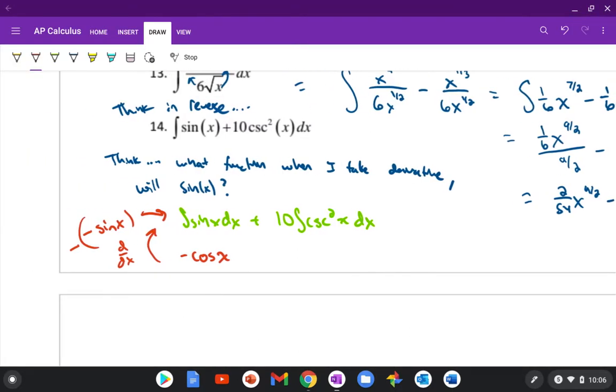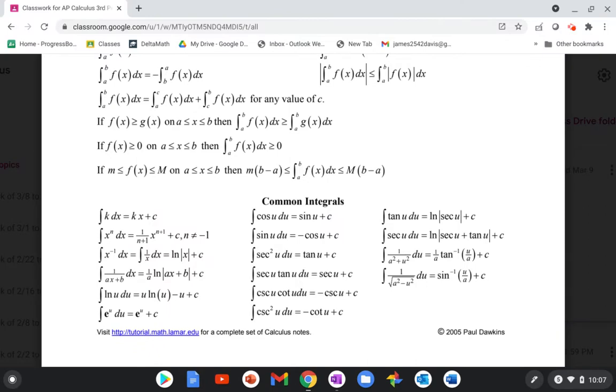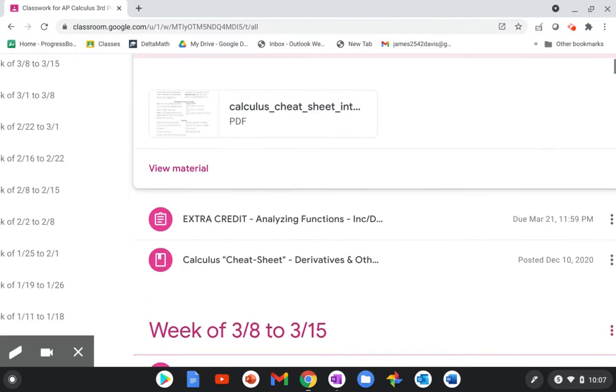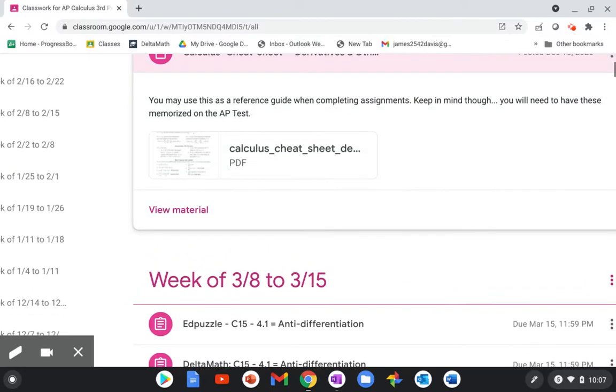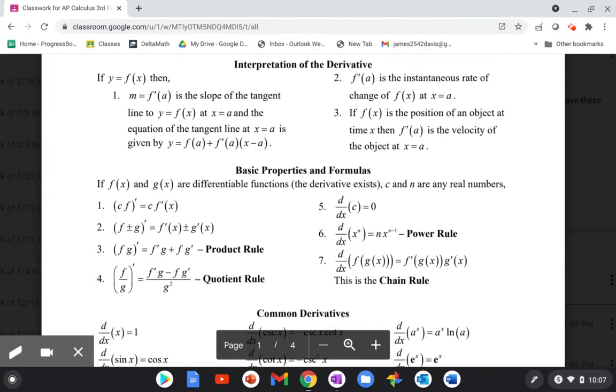Okay, so we got the first part there. For the second one, notice how I pulled that 10 in front. It is helpful to look at it that way so you can just focus on trying to figure out what, when you take the derivative, will give you cosecant squared. So if you think back to your derivatives, and I'm going to pull up your derivative cheat sheet here, you need to get a cosecant squared out of it.